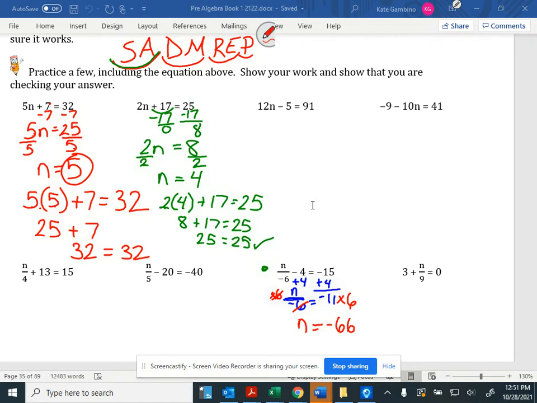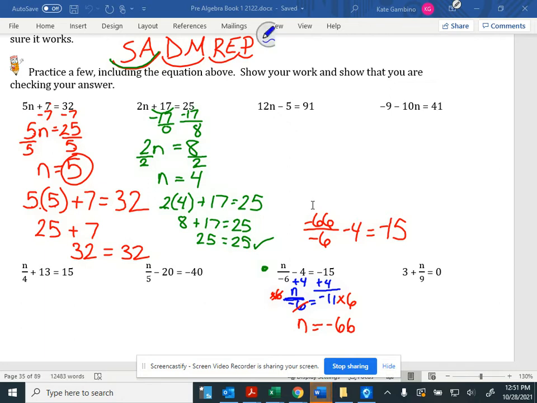So let's plug in negative 66 and see if that's correct. So we're going to do negative 66 over negative 6 minus 4 equals negative 15. Oh, silly Mrs. Gambino.